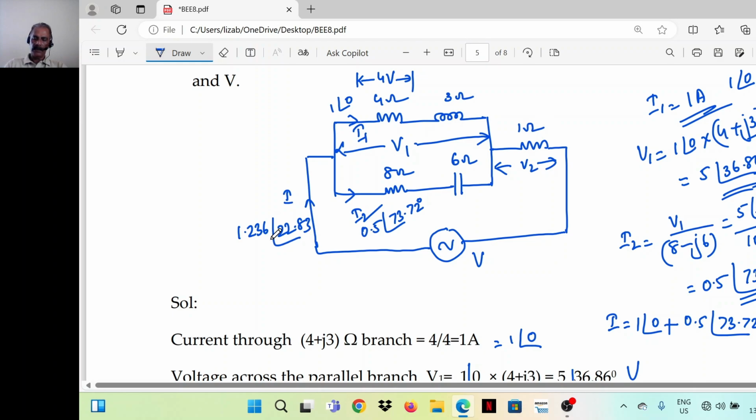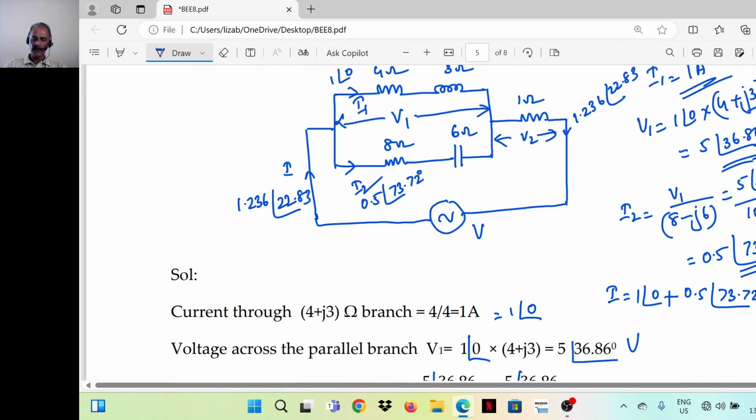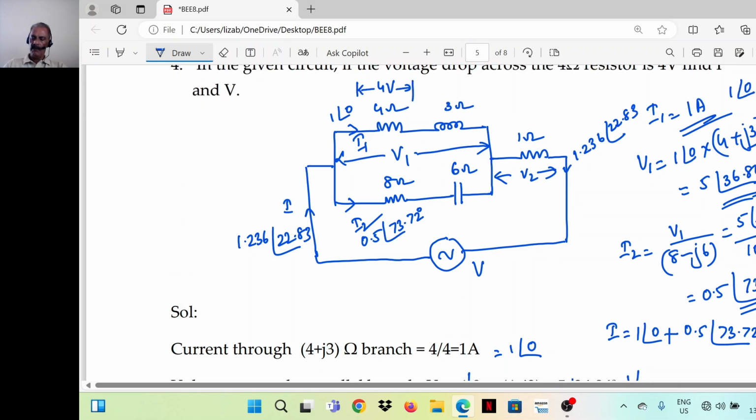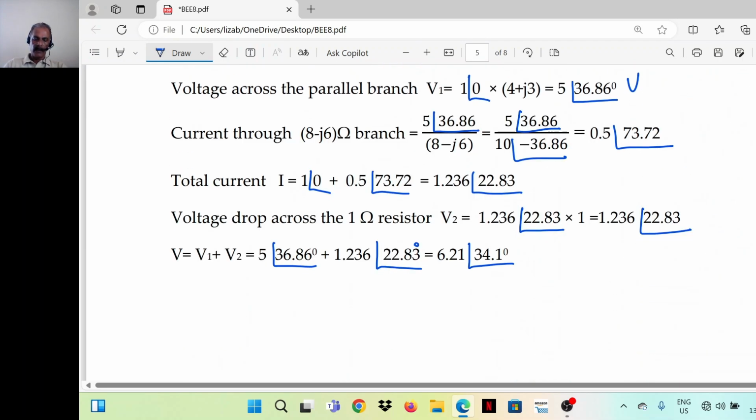Current through it is same current only, that is I is equal to 1.236 angle 22.83 multiplied by 1 ohm, that is V2. So V2 is same 1.236 angle 22.83 because R is equal to 1. So add V1 and V2, we will get V. So V1 is 5 angle 36.86.